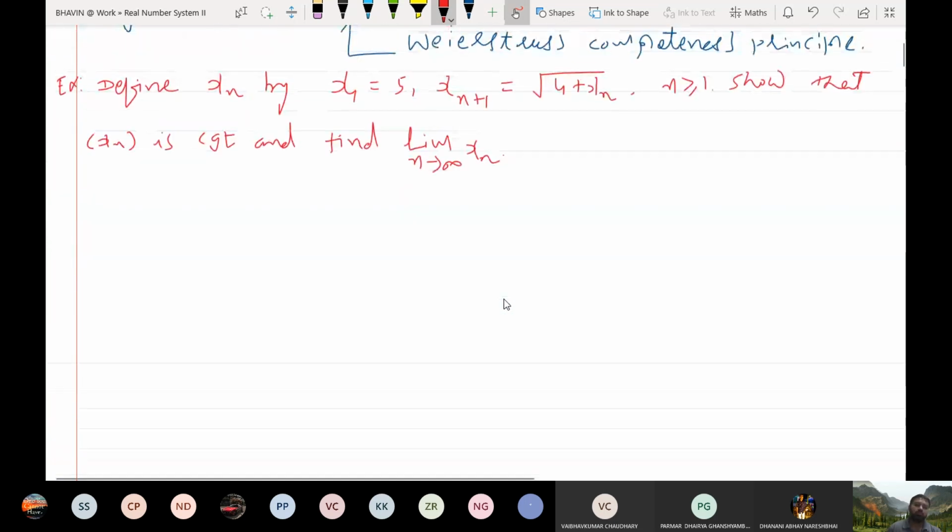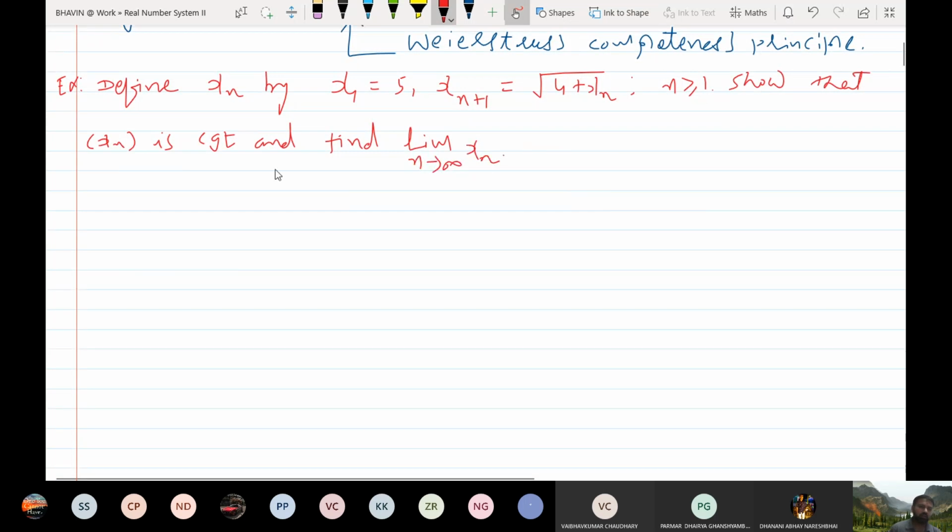So I want to show that this sequence is convergent. Either I should show it is increasing and bounded above, or it is decreasing and bounded below.